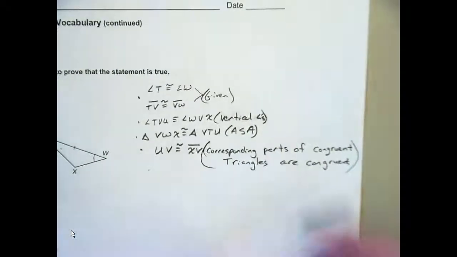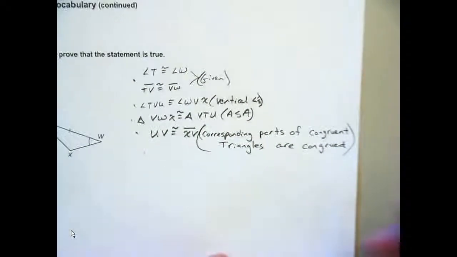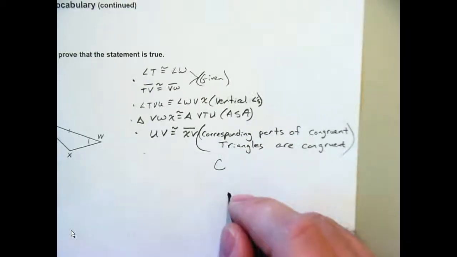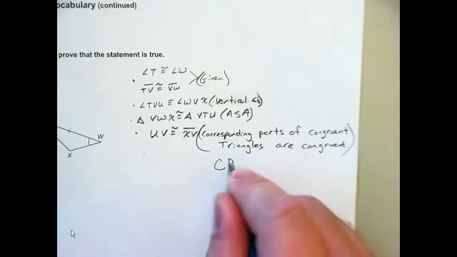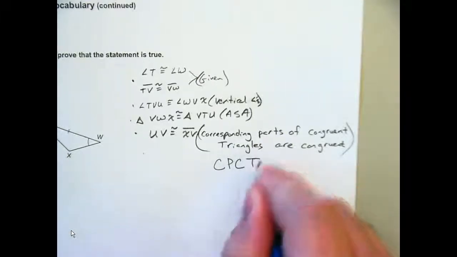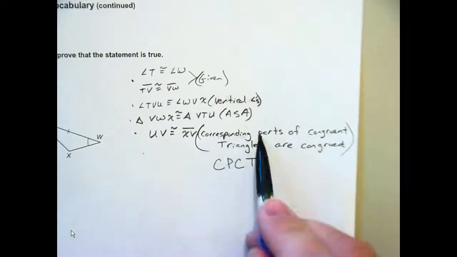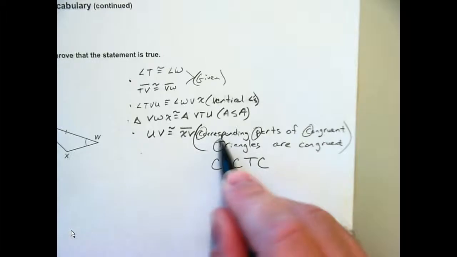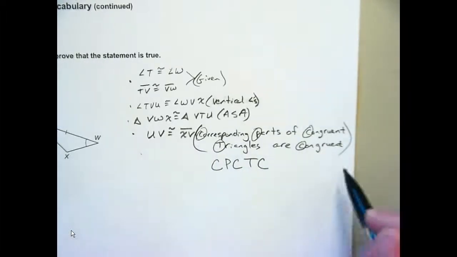Now, since that is actually a pain to write out, we abbreviate it as CPCTC. Corresponding parts of congruent triangles are congruent.